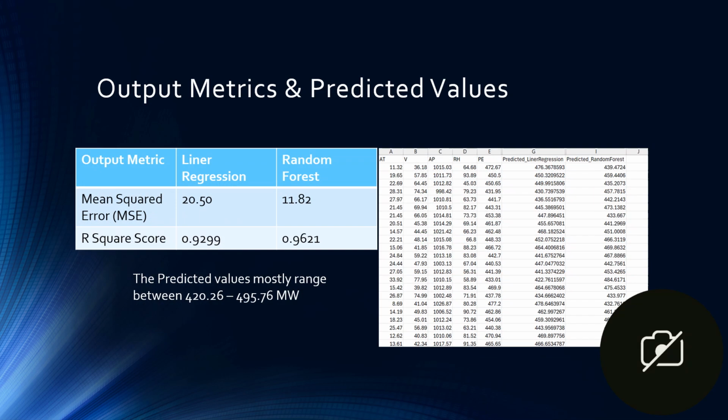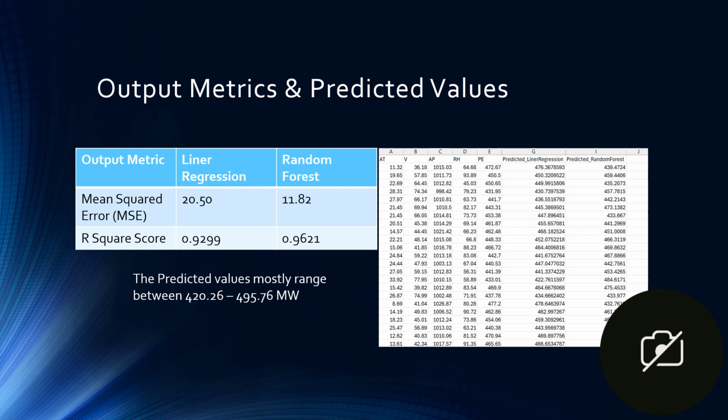Now to summarize the output metrics and the predicted values. The mean squared error with linear regression was 20.5, and with random forest it's 11.82, and the R square score with linear regression was 0.93, and with random forest it's 0.96. So it seems like the random forest is more accurate because it had a lower mean squared error and also a better R square score than the linear regression.